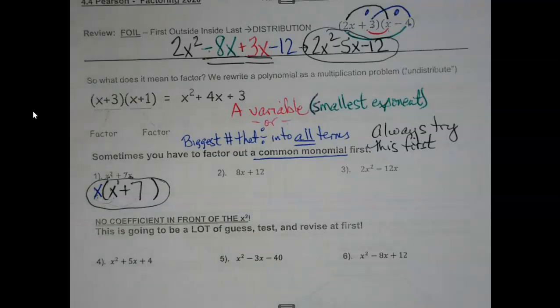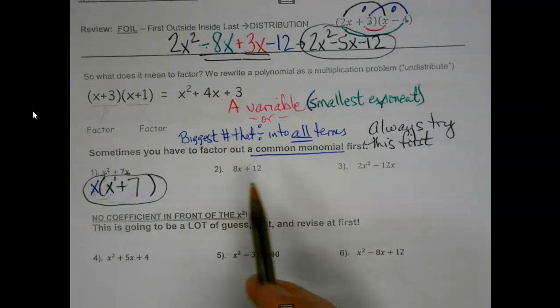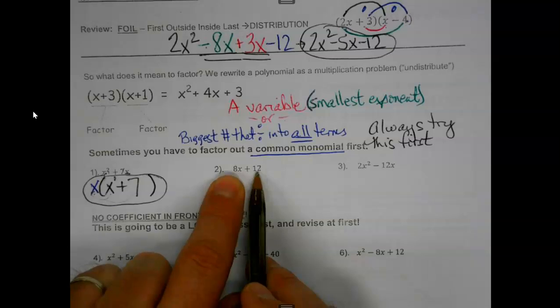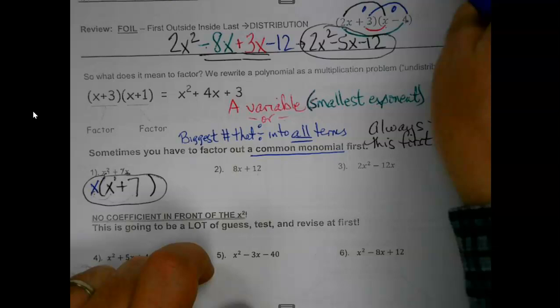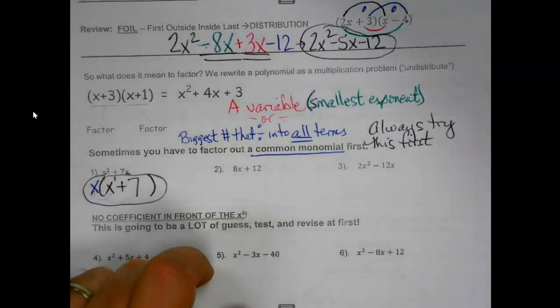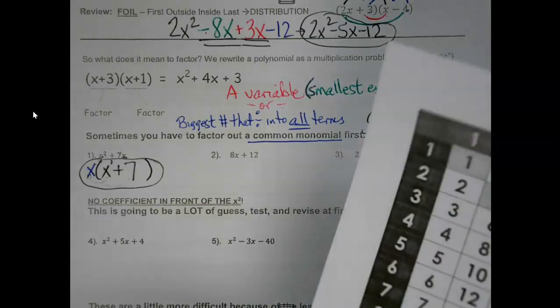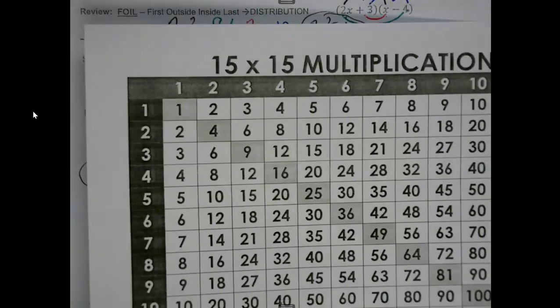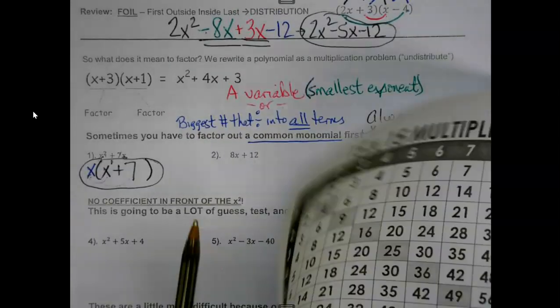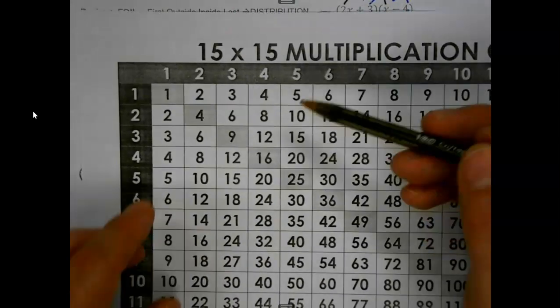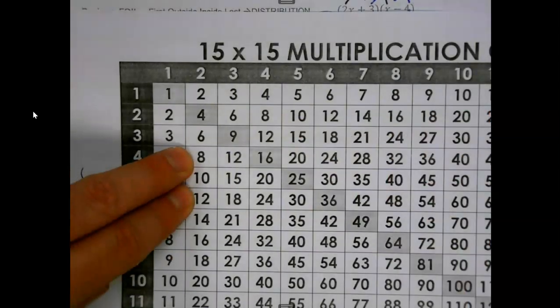Now, this next one might not be as obvious. Anything going into 8 and 12? 2. Anything bigger? 4. So here's a couple of things you can do if you're not sure. We always want to get the biggest number. If you grab one of the multiplication charts, and you're looking at 8 and 12, you look around and see, can I find 8 and 12 in a column or row together?